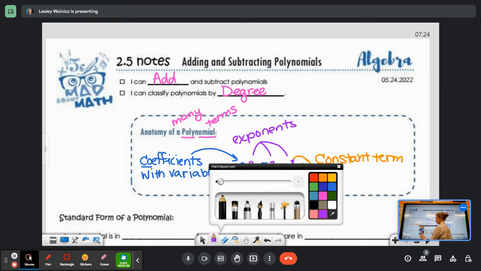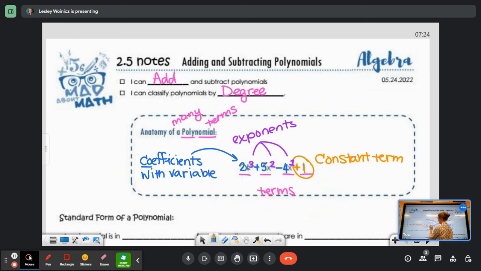And last but not least, raised to the power, we have our variables. So those are some of the nuts and bolts that make up a polynomial.